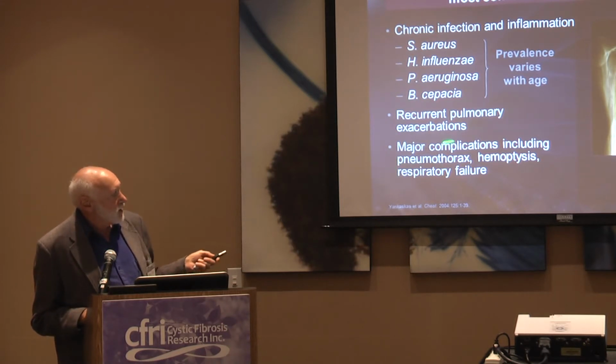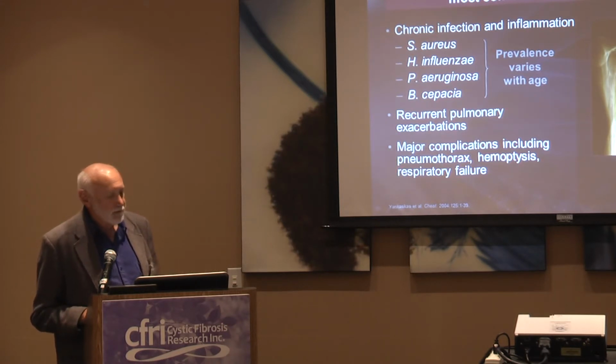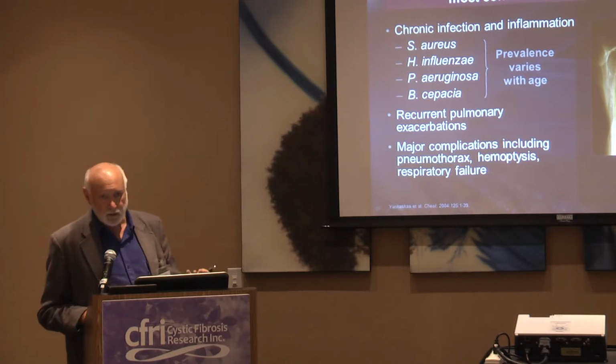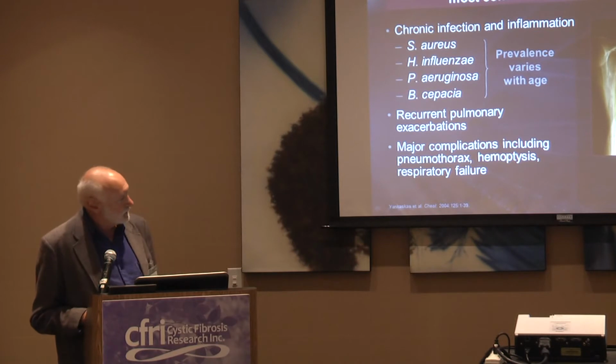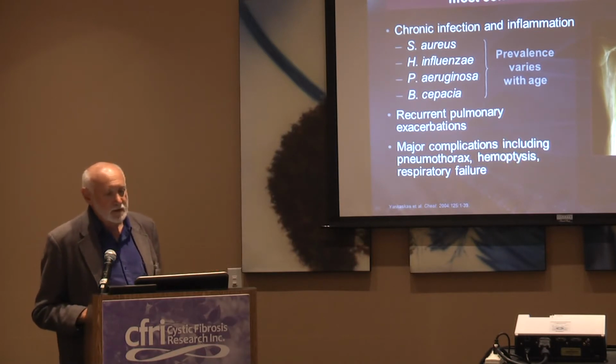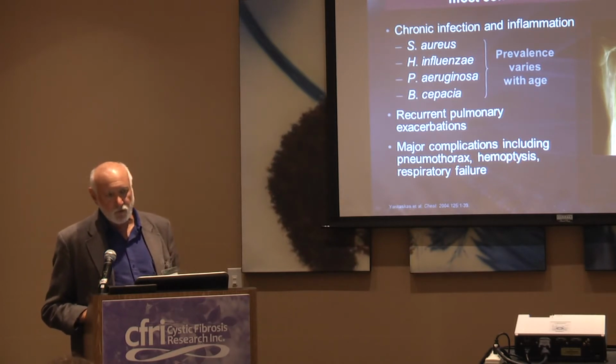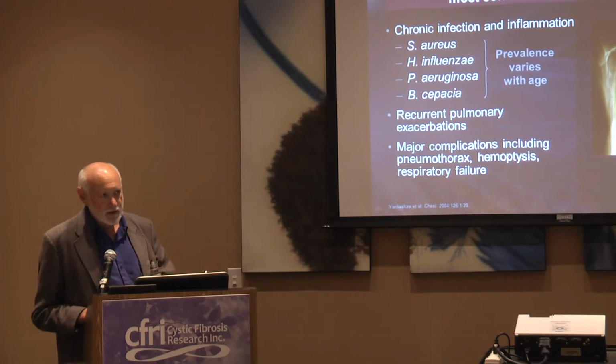And then we know that this problem can lead to a number of very serious complications, including pneumothorax, which is an air leak, like a tire that bursts inside the chest, bleeding, because these areas of damaged airways are adjacent to blood vessels. They can erode into these blood vessels, and then you get bleeding into the airways and coughing up of blood, and ultimately respiratory failure.